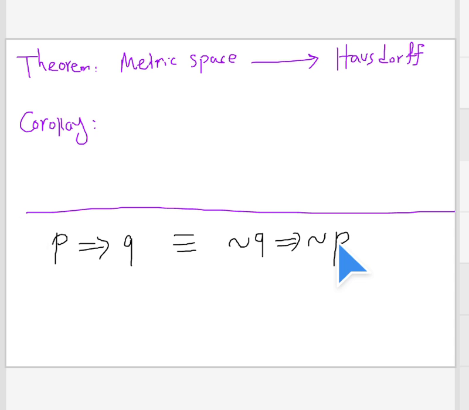This is a hint for you. Everybody, can you tell me a corollary?